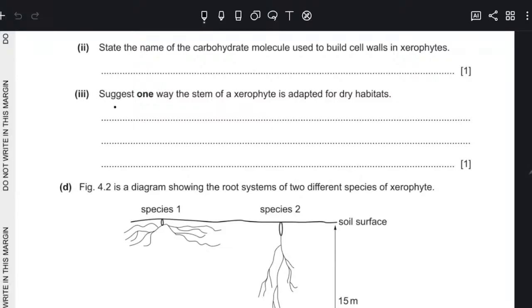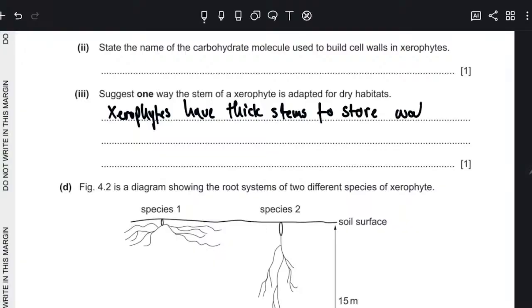Xerophytes have thick stems to store water during dry periods. This is how the stem is adapted. All this is on that table. If you go to the table I gave you, you should be able to see it, where I talked about xerophytes having thick stems, for water storage.